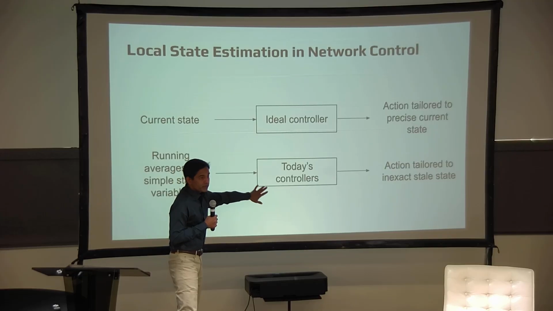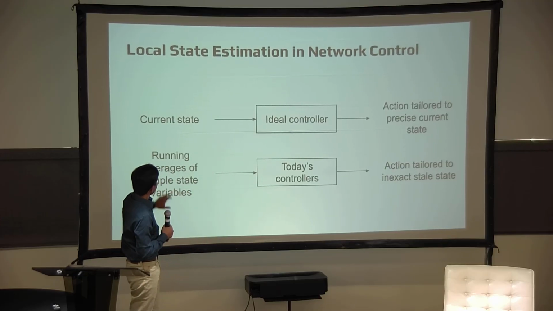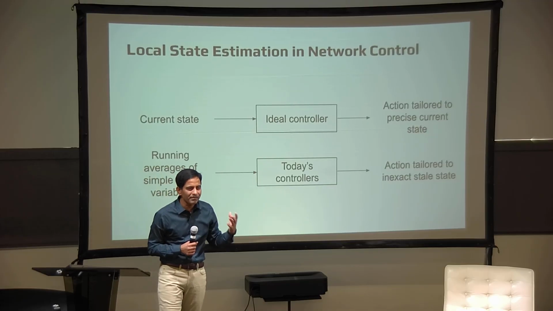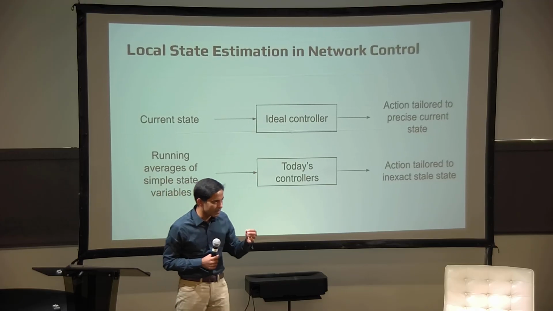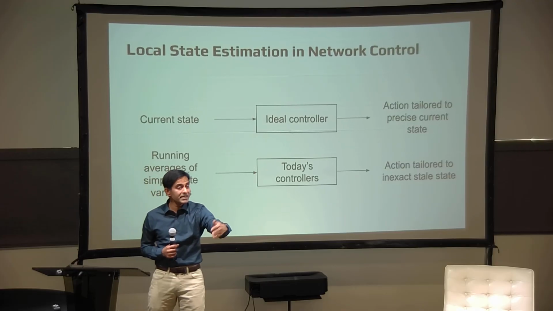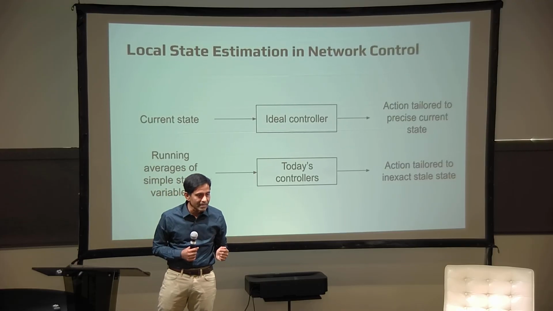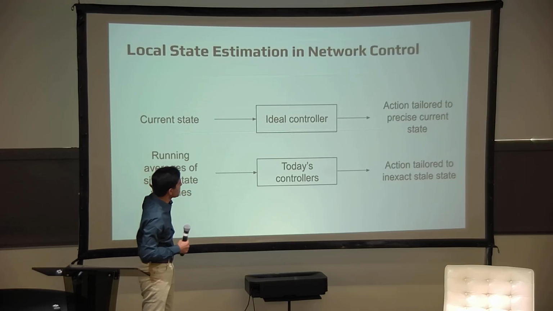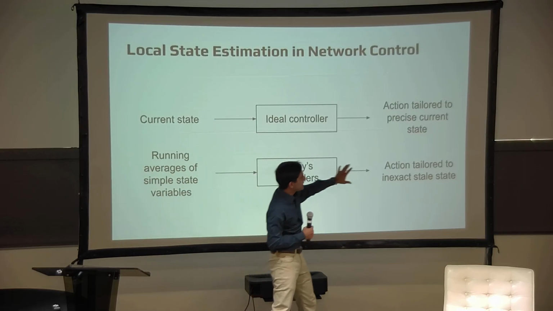Unfortunately, if you look at any of the controllers today, they rely on approximate state. They take running averages of various high-level metrics, and I'm going to get into examples of that. They sample the previous chunk of video I sent to you and what the rate was, taking historical samples of the performance. And on the basis of that, they tailor the action.